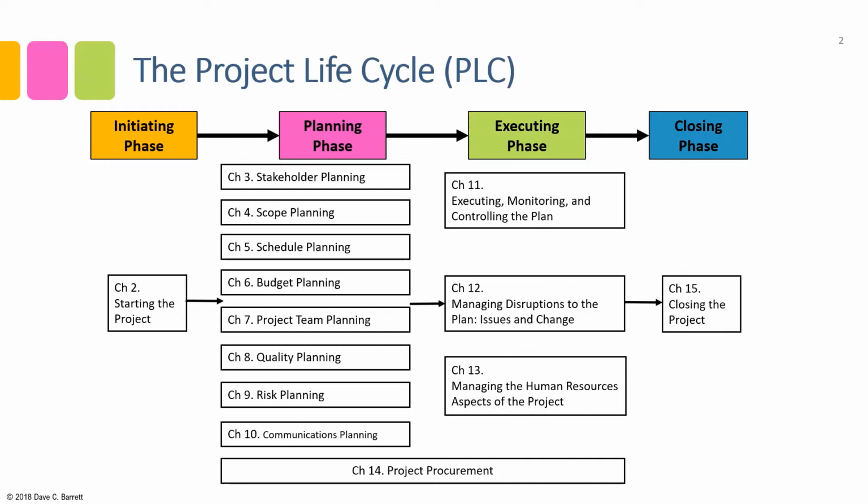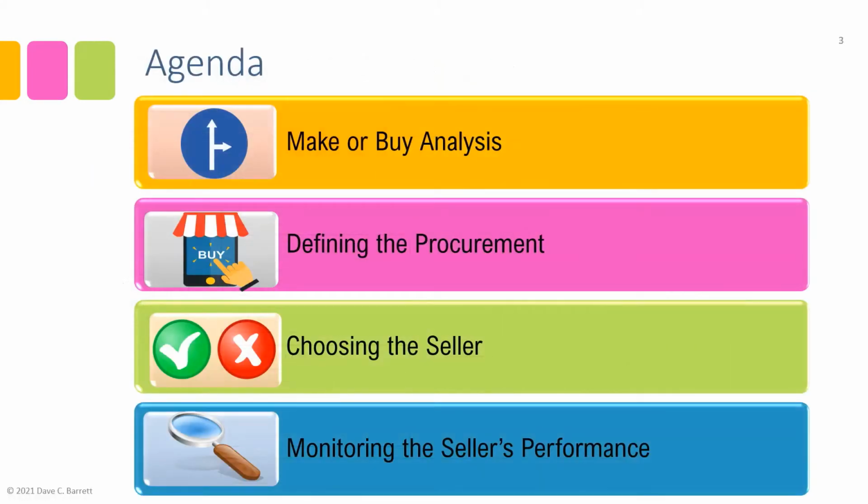For those types of projects that involve that, there are activities that fall under the umbrella of project procurement. So this is chapter 14 that we will be talking about. Now notice how it spans multiple phases. It's not confined to a single phase, and it can run throughout the project. So that's why it's represented as follows.